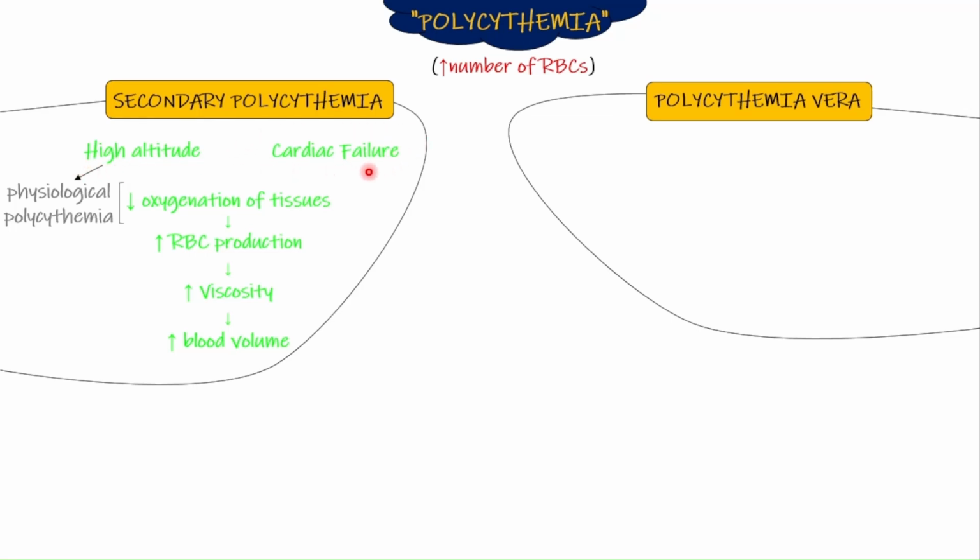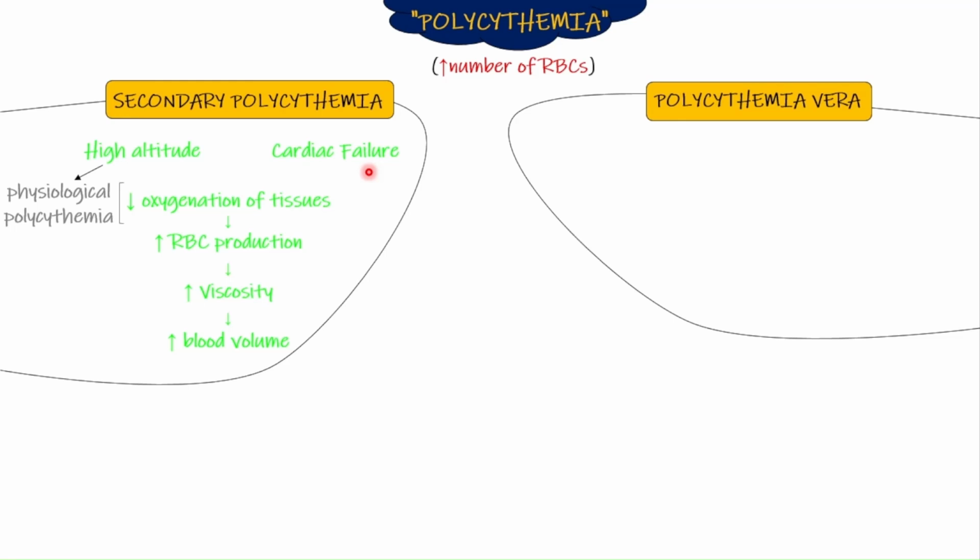In cardiac failure, the heart is unable to pump the required amount of blood to the tissues, or the heart cannot send the required amount of oxygen in the blood to the tissues. So that is cardiac failure. The cardiac muscle is failing to send the blood supply to the tissues.